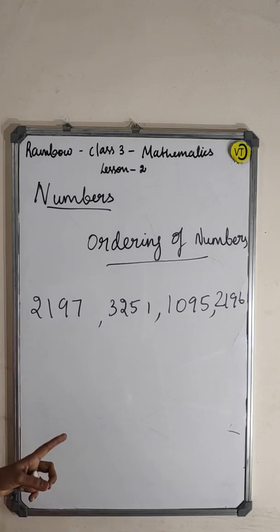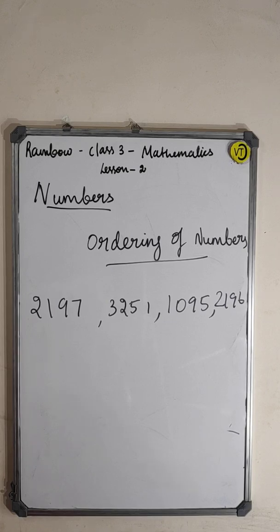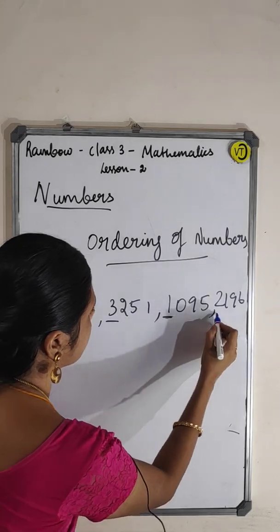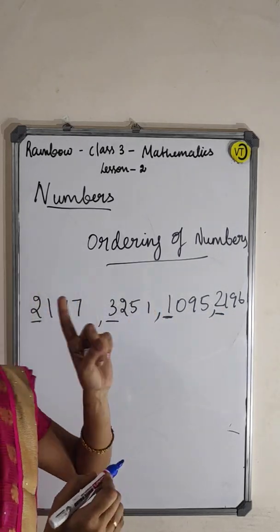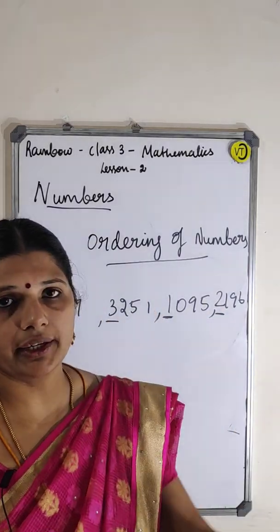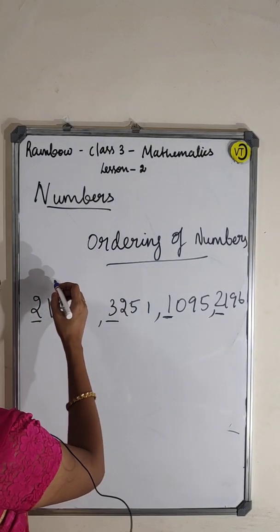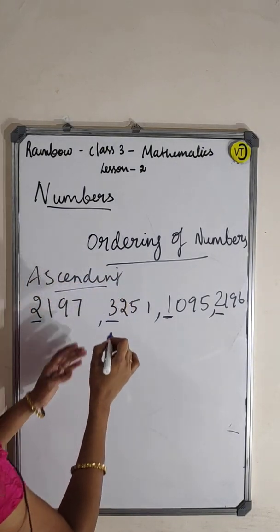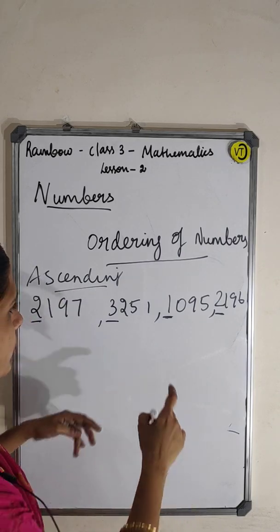So how to do this is, you have to write in the ascending order. First of all, the first leftmost digit: 2, 3, 1, 2. First the lesser number to the greater number, ascending order I am writing.